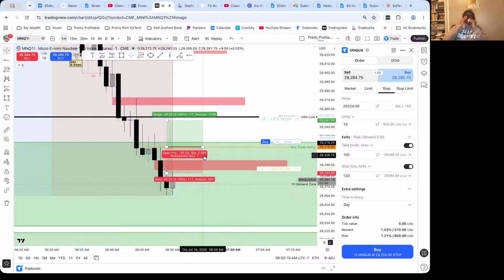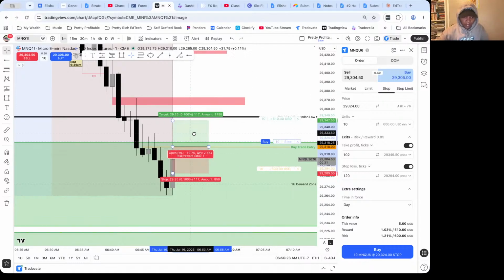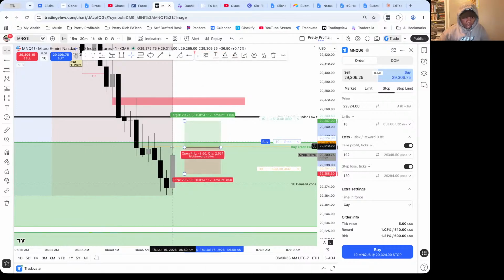As of right now, the market is respecting the zone. Remember, we need a candle to close above this zone.